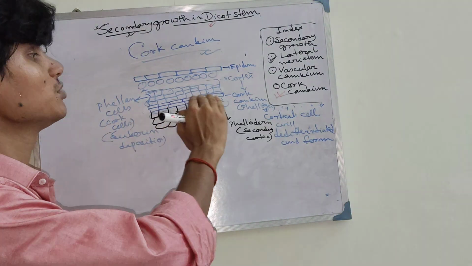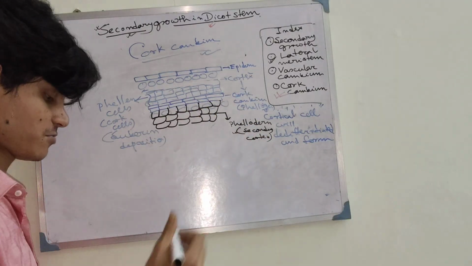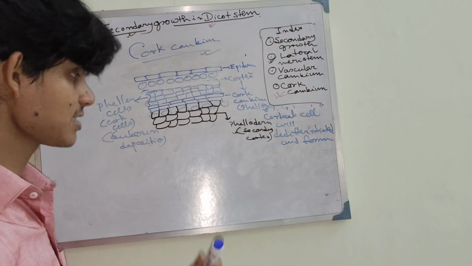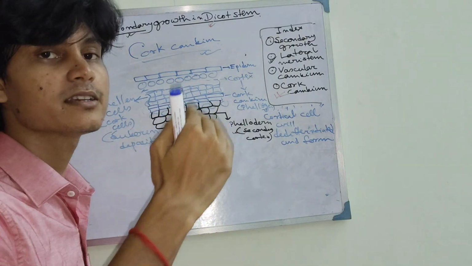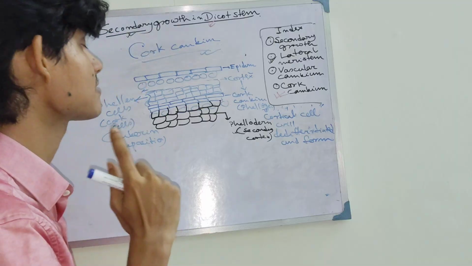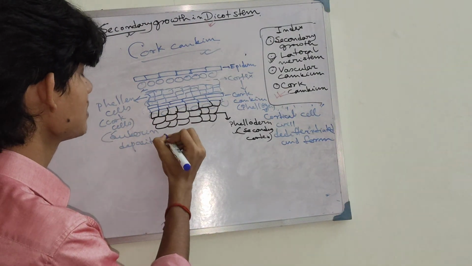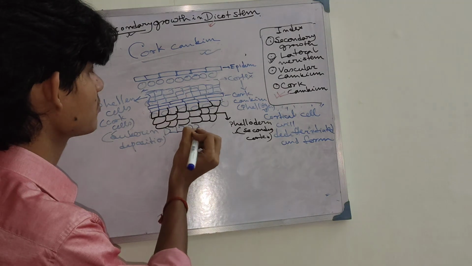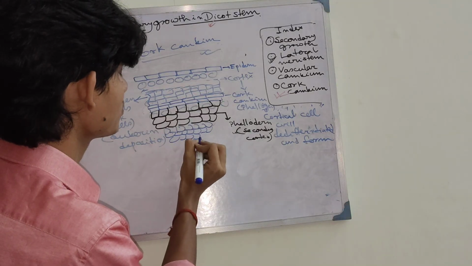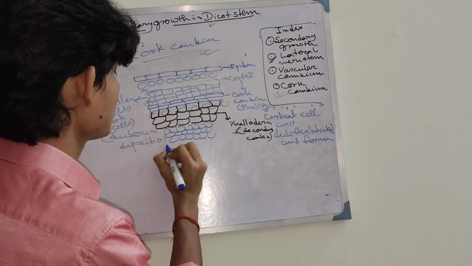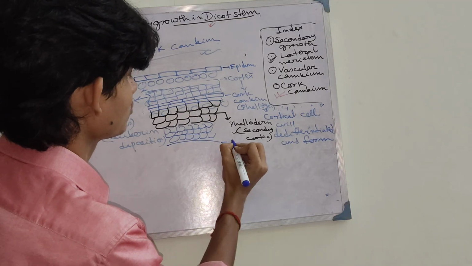Clear? So on the outer side they will produce cork cells, on the inner side they will produce phelloderm cells. What will follow this phelloderm? Remember, the first vascular tissue is secondary phloem. It will be followed by secondary phloem cells. Then there will be cambium.